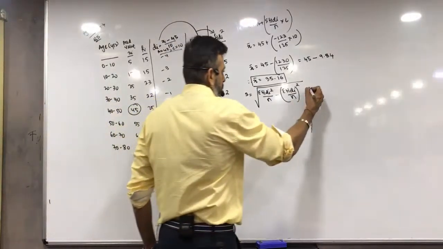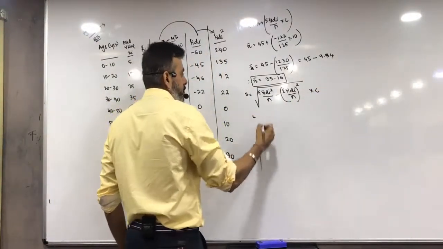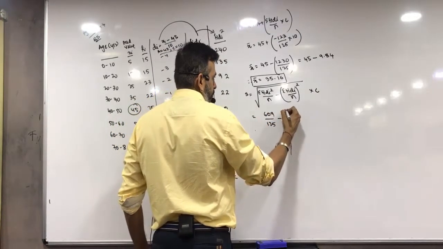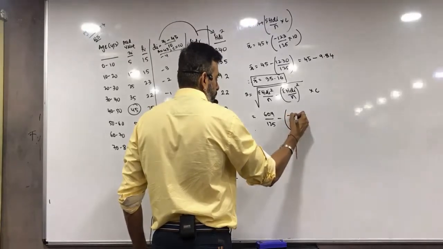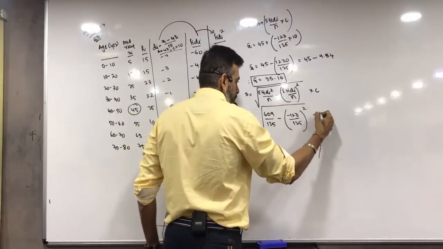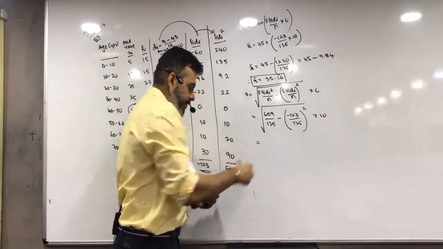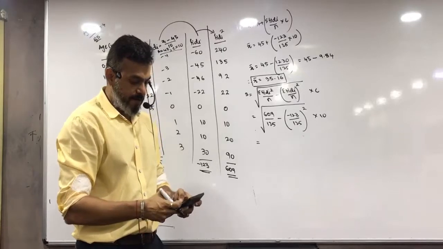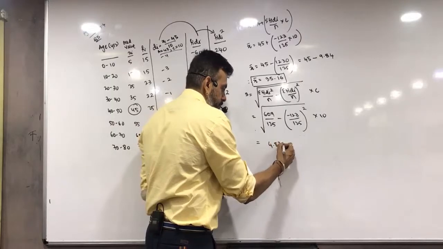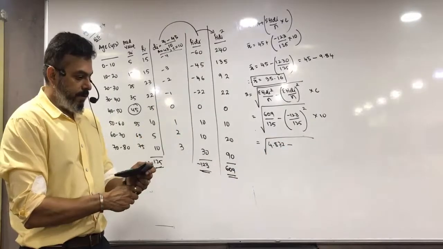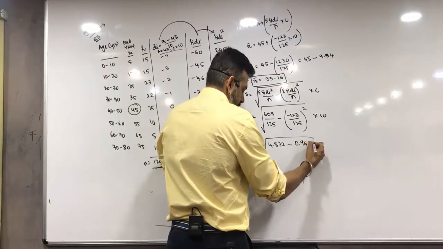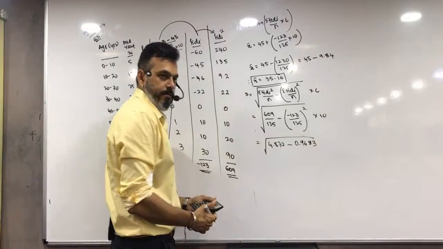Into C, which is equal to 609 upon 125 minus 123 upon 125 the whole square, the whole under root into 10. 609 divided by 125 is equal to 4.872 minus, you are getting 0.9682.